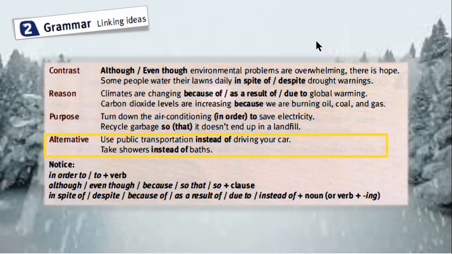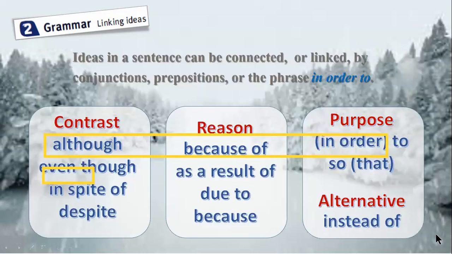Perfect, very good. Now, we have here nouns, conjunctions, prepositions, and the expression in order to. We're going to see the difference with this. We have contrast, reason, purpose, and alternative.